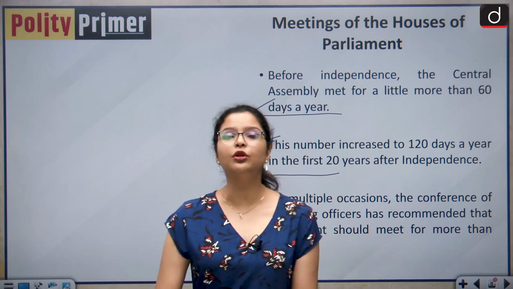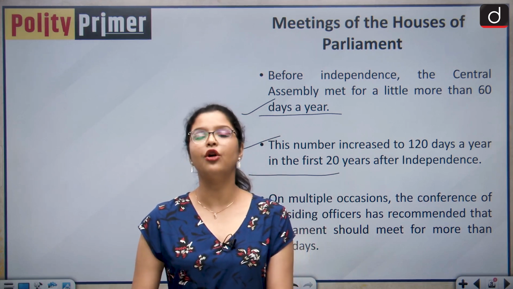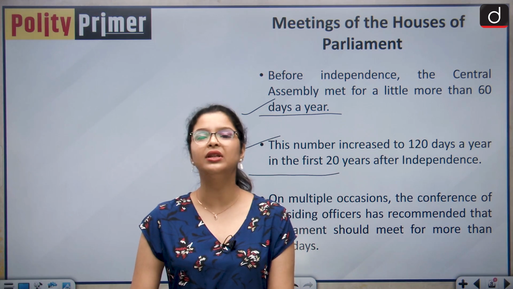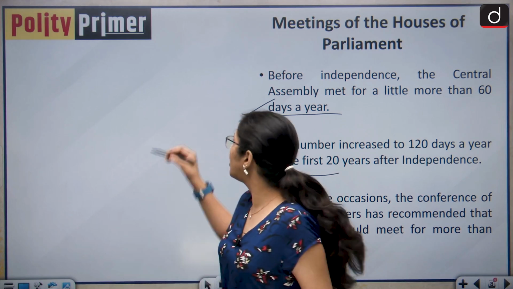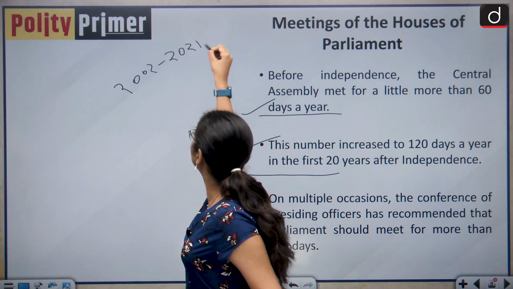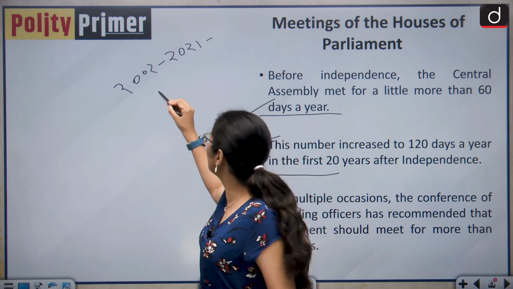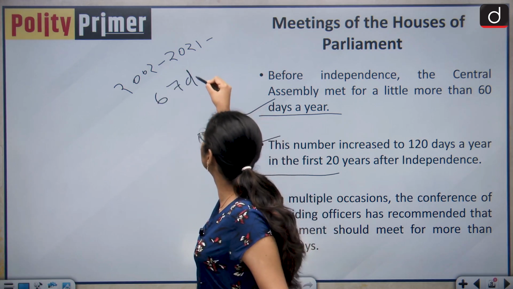But if you talk about the current scenario, the number of working days of the Indian Parliament has gradually decreased from 2002 to 2021. The average working days of Indian Parliament was only 67 days.